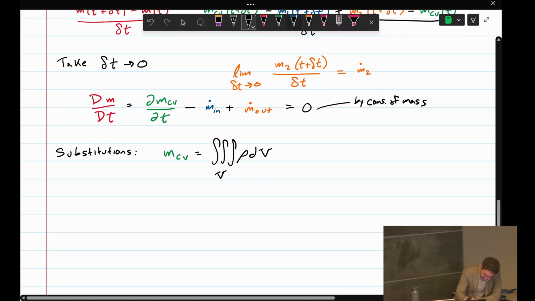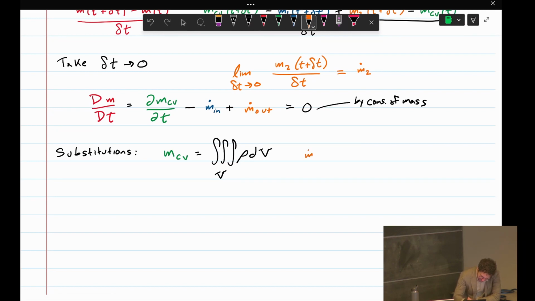And this, I'll say this m dot out minus m dot in, is just simply the net mass flux.